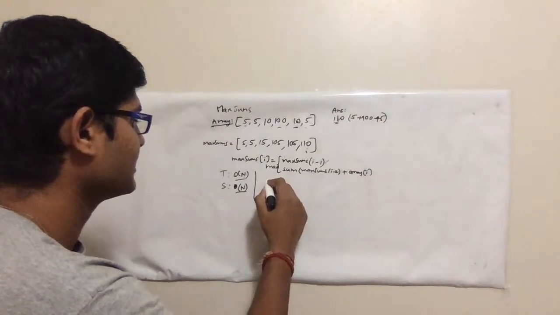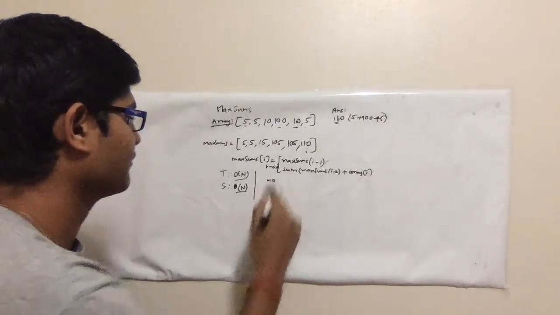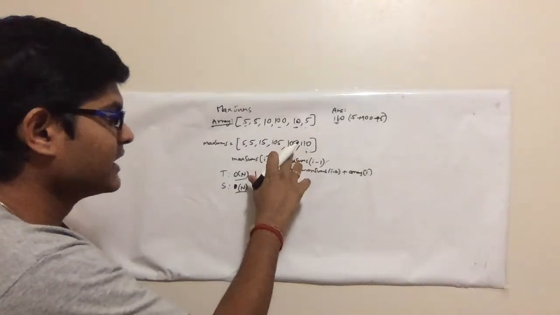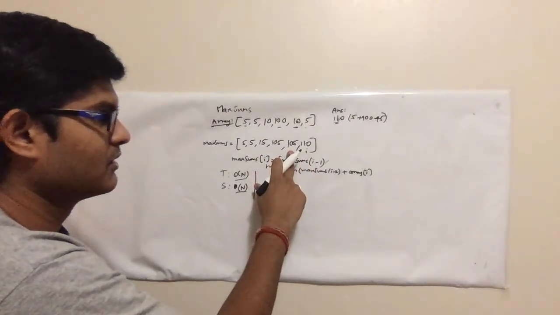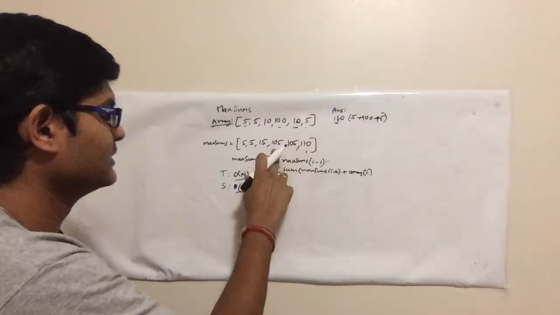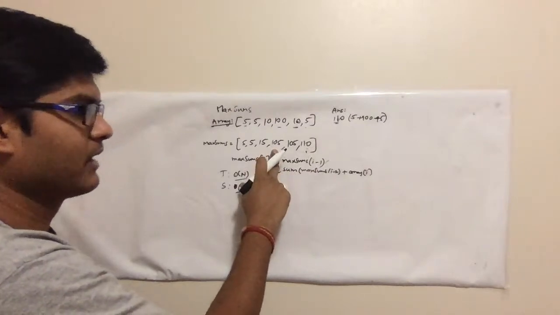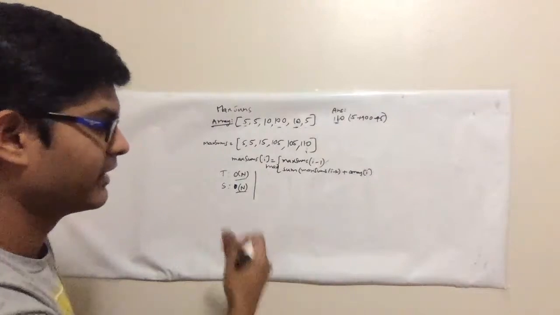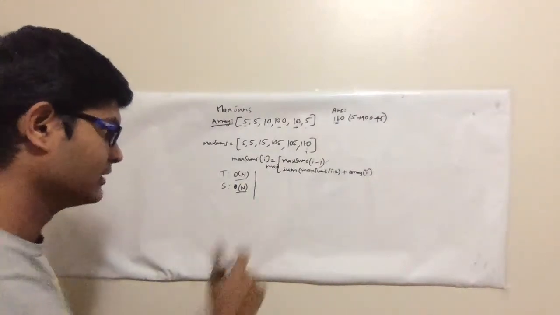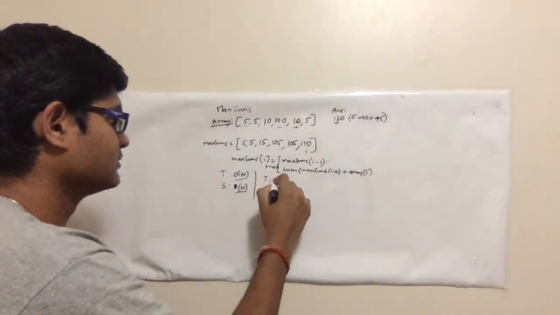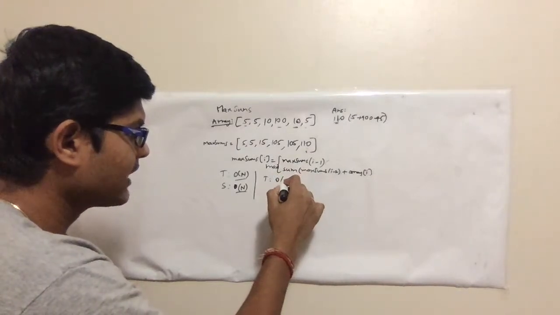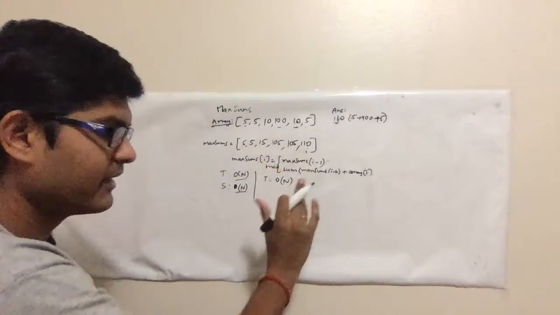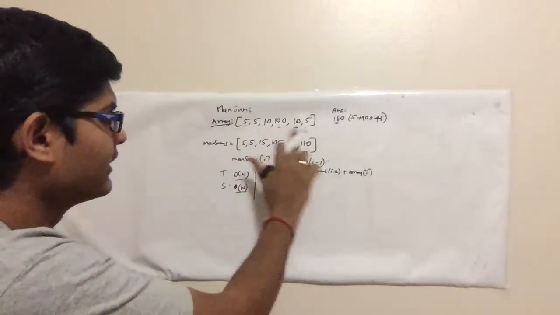What I'm saying is we can save the previous element in a variable like first, and this element in second, and we need to update them while iterating. In that case we still have time complexity of big O of n, because we are still iterating through the whole array.